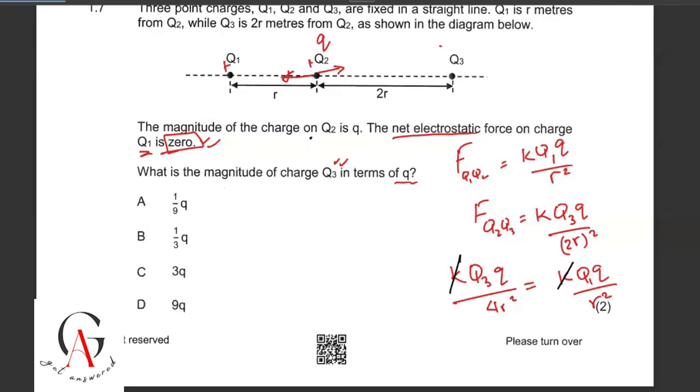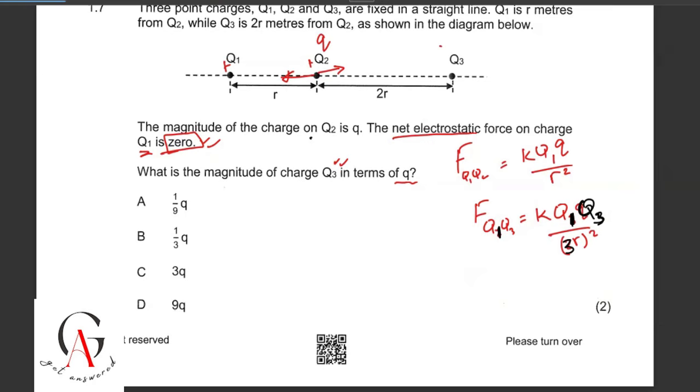Something is off here. Why am I saying 2? It's supposed to be 3R because our focus is Q1. Okay, so Q1 and Q3, which means this is a Q3 here. Makes sense. So Q3 and Q1. Oops, let me just take this off completely.